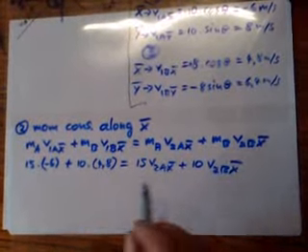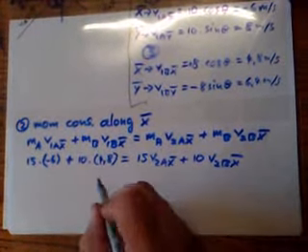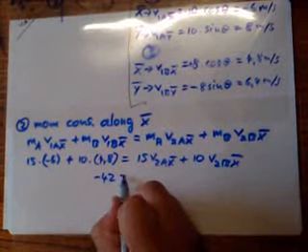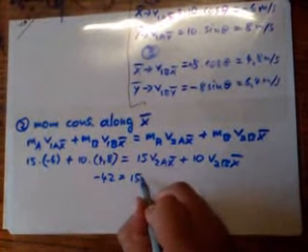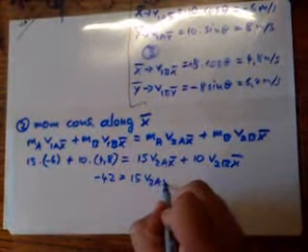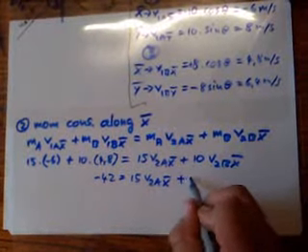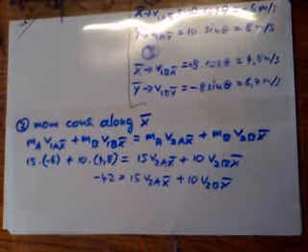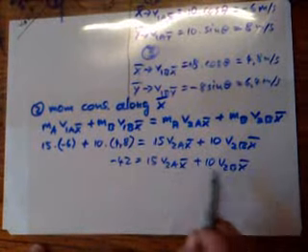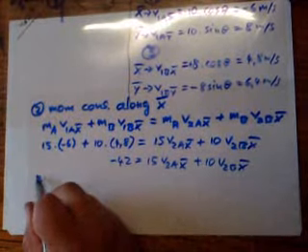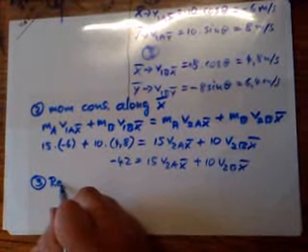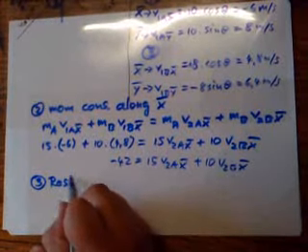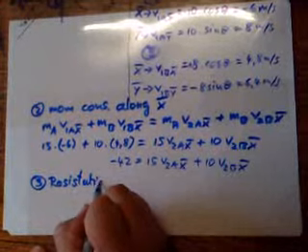Okay, great. This gives us an equation that looks like this: minus 42 is equal to 15 V2A x bar plus 10 V2B x bar. So we've got an equation with two unknowns. What do we do? We need another equation, and that other equation is given by the equation of restitution.